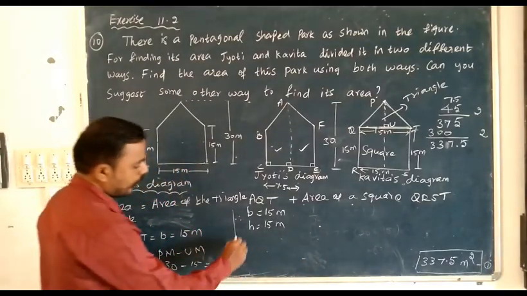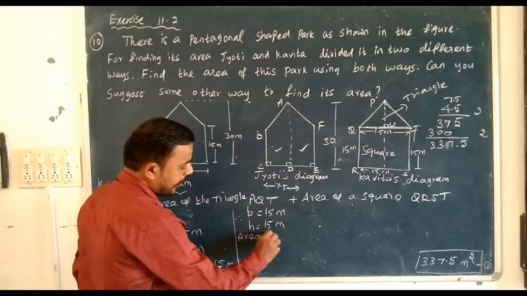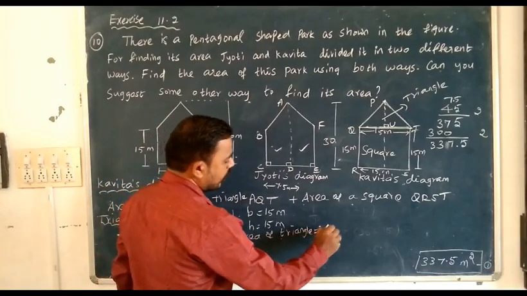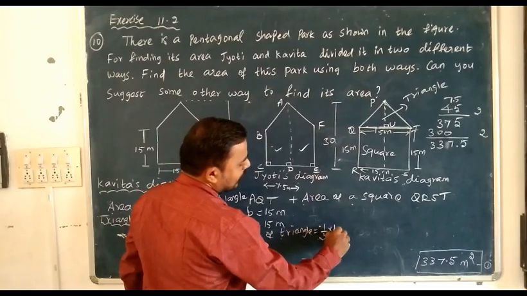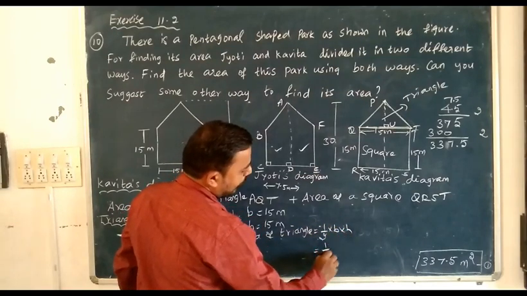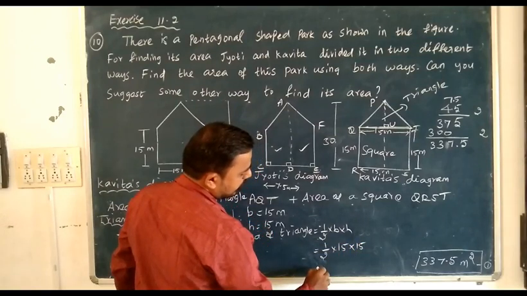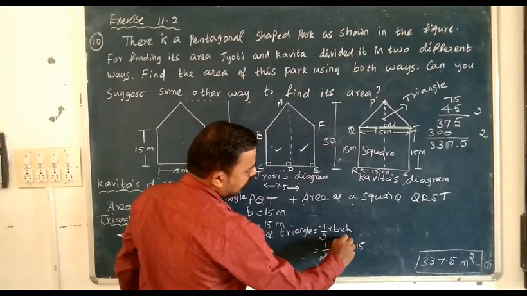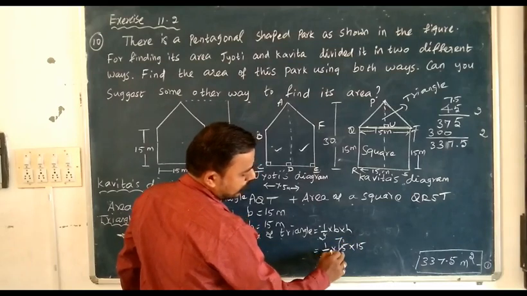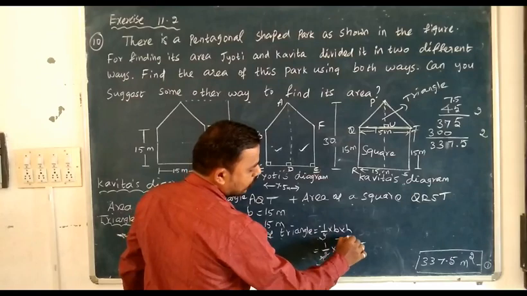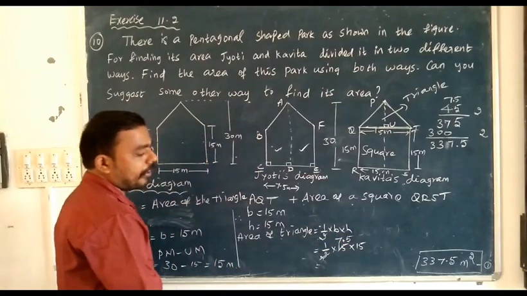So the area of a triangle equals 1 by 2 into base into height. So 1 by 2 into base 15, height 15. 15 into 1 by 2 is 7.5. So 7.5 into 15.